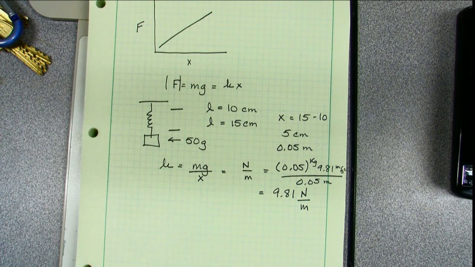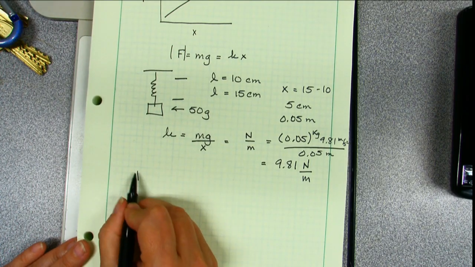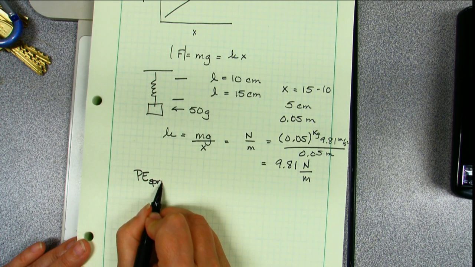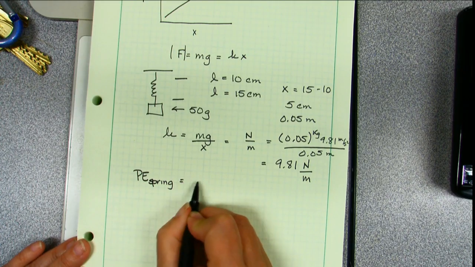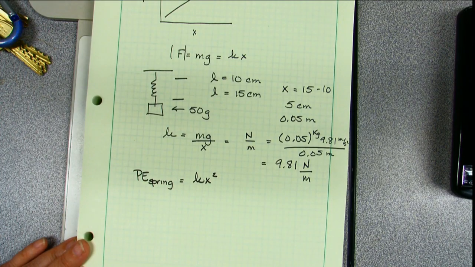We also talked on Friday about looking at the potential energy of a spring, which is kx squared. And then you also have your positional potential energy depending on what you've got going.